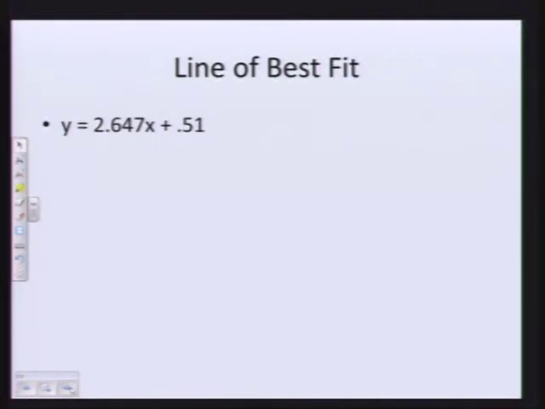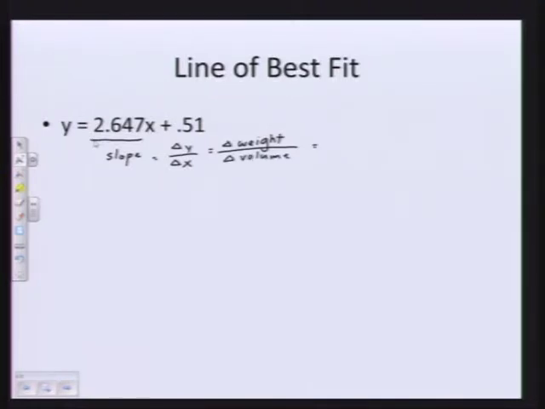And we said that this 2.647 would have represented the slope of a line if you're looking at it abstractly, but it represents the change in y over the change in x, which in this case represents the change in the weight or mass compared to the change in the volume.